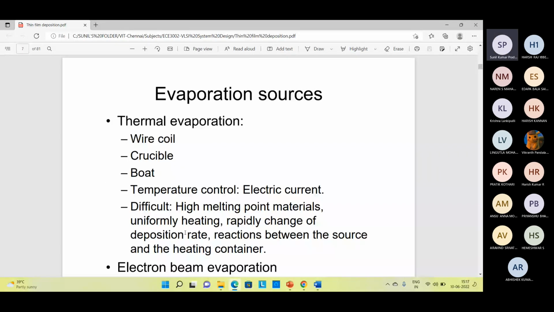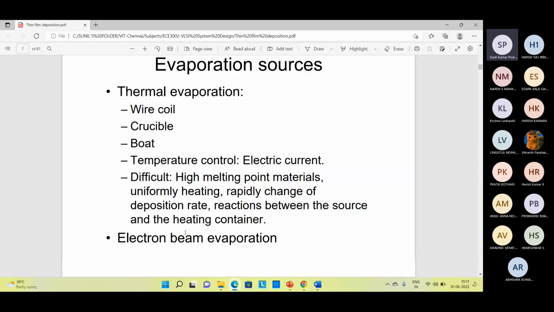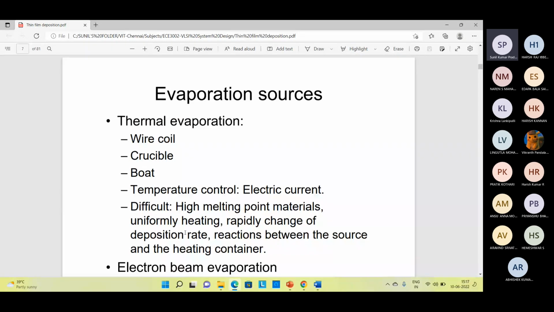Now, this is very important: what are the evaporation sources we generally take into consideration? In thermal evaporation, there are some sources we need to accompany. One is wire coil, the second is crucible, the third is boat, and then temperature control, which is electric current.